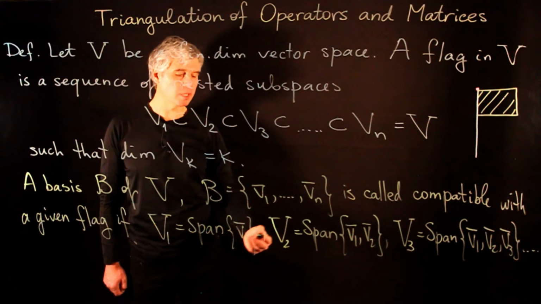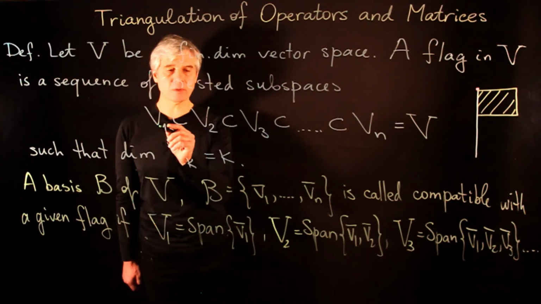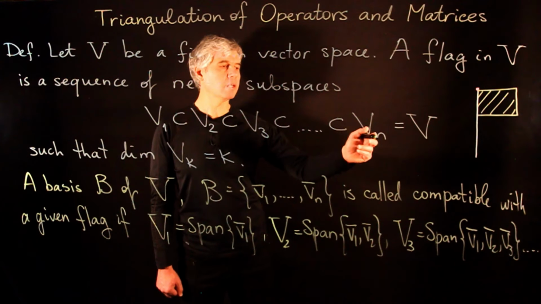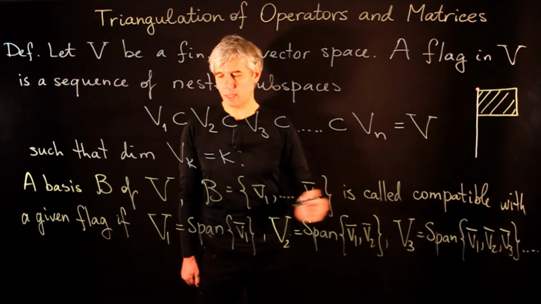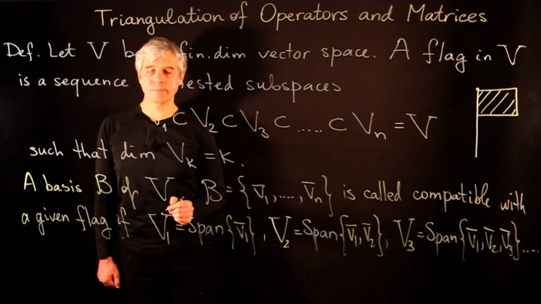And so then we will get an extra vector V2 that completes the basis of V1 to the basis of V2. And we proceed inductively until we construct the basis of Vn, which is our space V, and this will give us a basis which is compatible with a given flag.